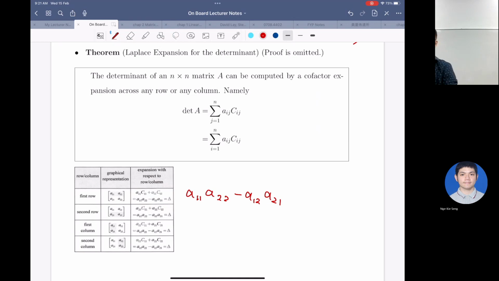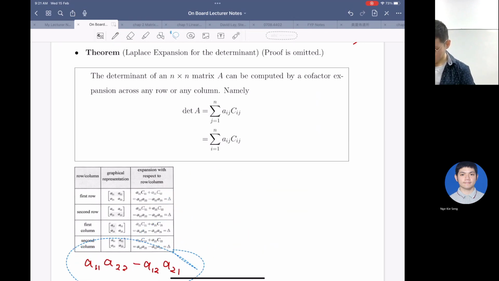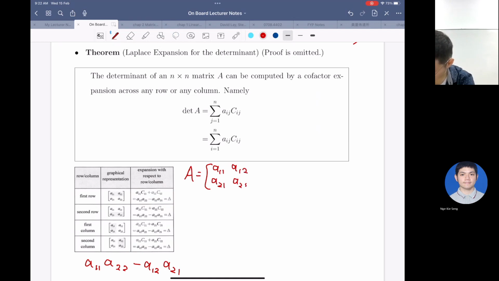Okay, let's check it together. So let's see what's going on. A equals the matrix with entries A11, A12, A21, A22. The grid of plus minus is plus minus minus plus.